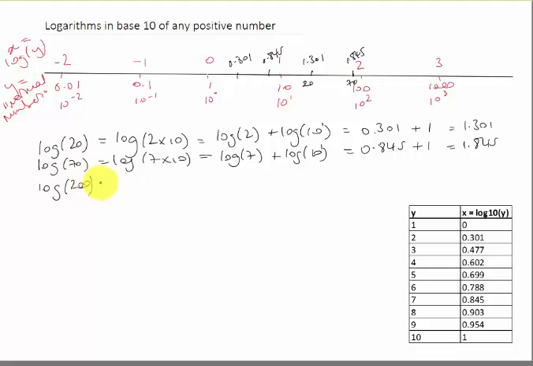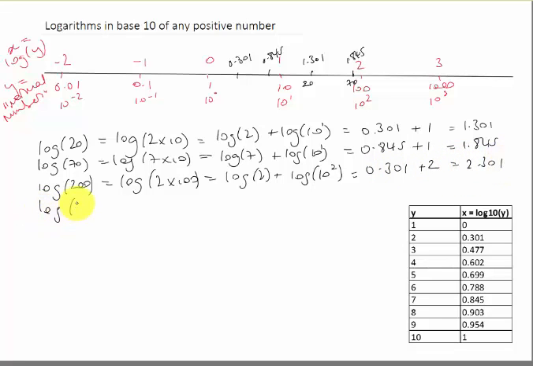Now how about if we want to fill in this order of magnitude, so if we wanted the log of 200, that is the log of 2 times 100, which is the log of 2 plus the log of 10 to the power 2, because 100 is 10 times 10, so 10 to the power 2, that's 0.301 plus 2, so that's 2.301.